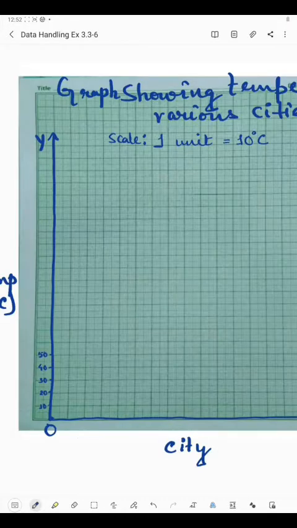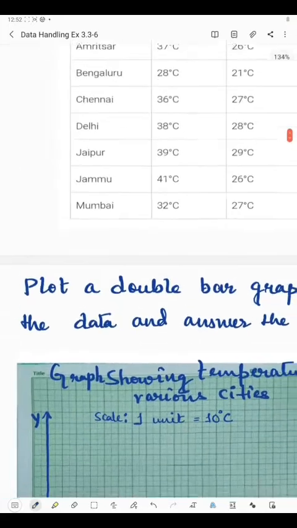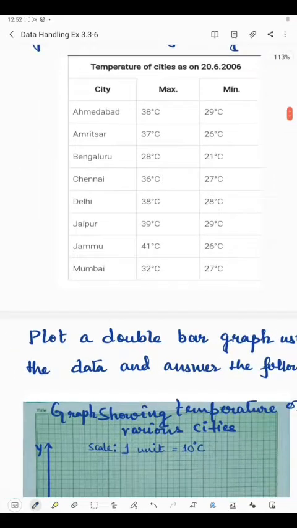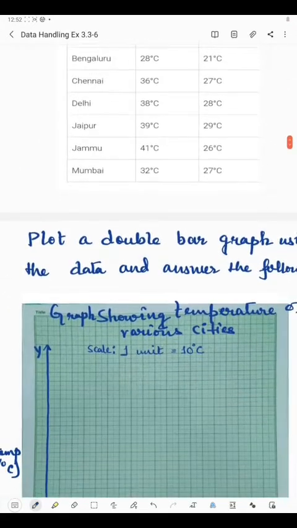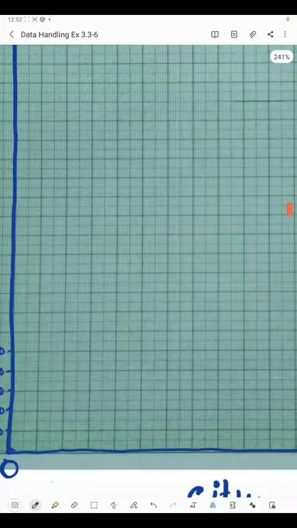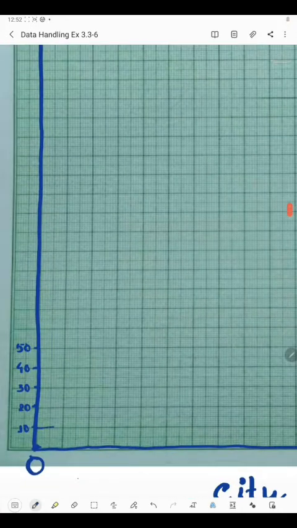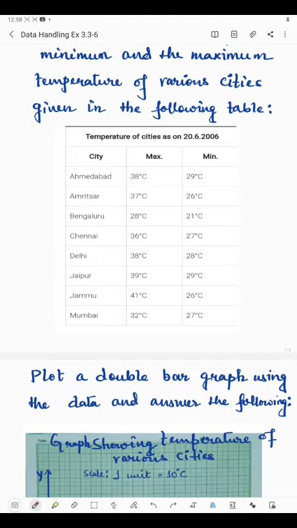Now here we will have to show maximum and minimum temperature, right? So here in 1 unit we have total 10 boxes. Now at first we have Ahmedabad and we will have to show the maximum and minimum temperature of Ahmedabad.